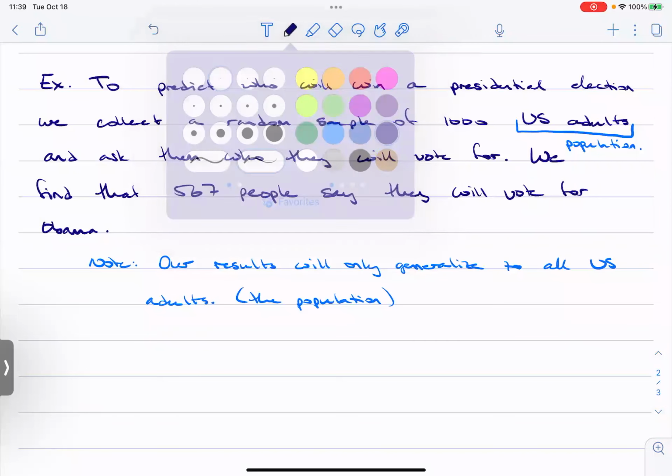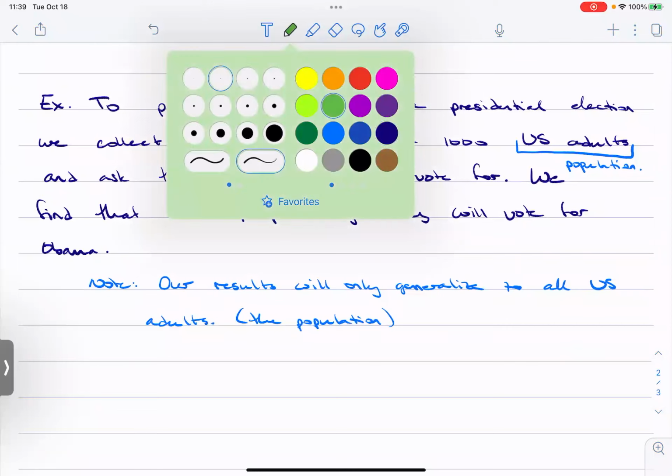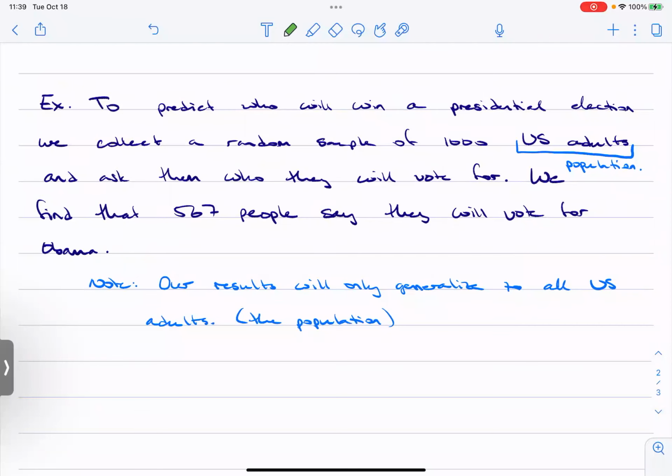All right. So then the next thing we're going to keep track of is the sample size. Here I took a random sample of 1,000, so my sample size is 1,000.